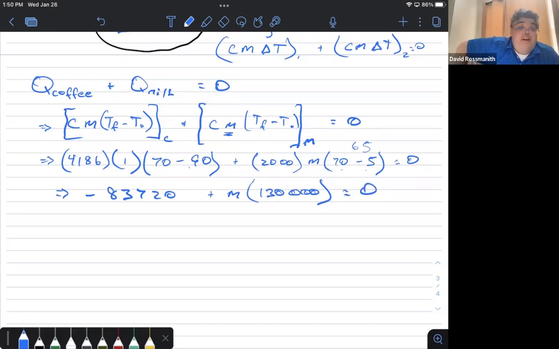This is a lot cleaner, a lot easier to see how to solve for M here. I want to bring the 83,720 over. So I have M times 130,000 equals 83,720.